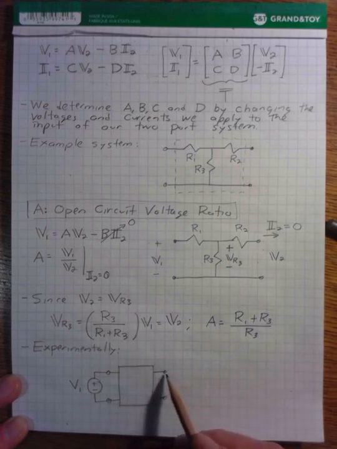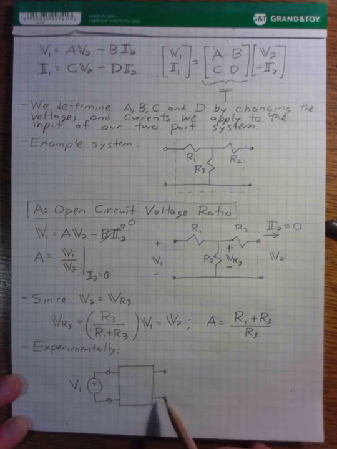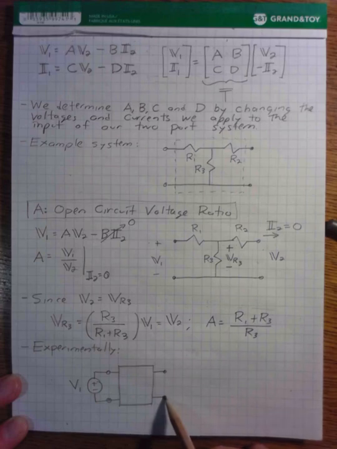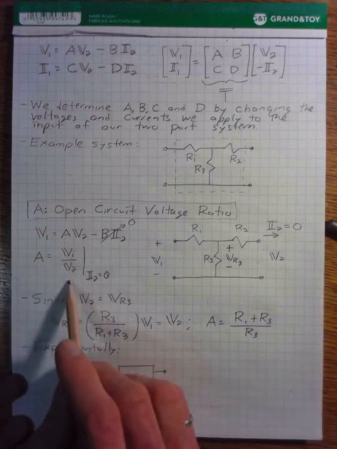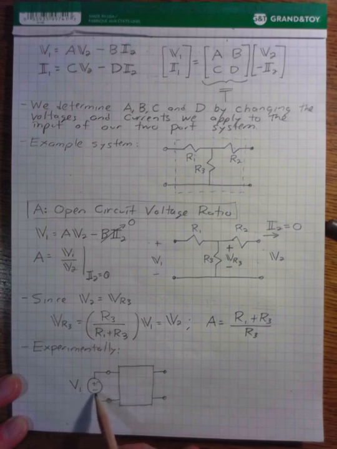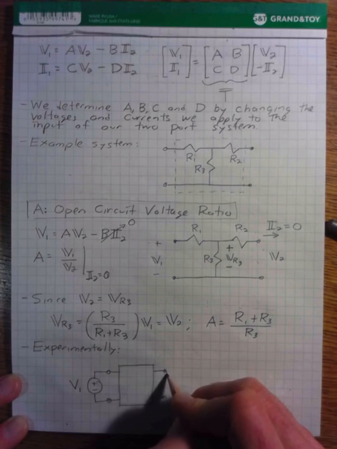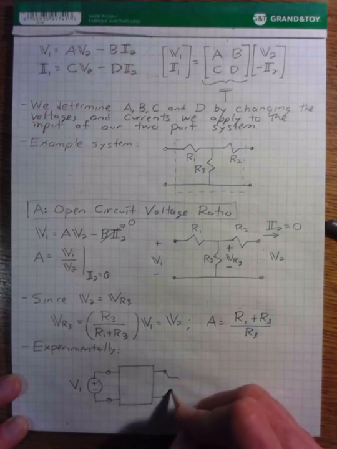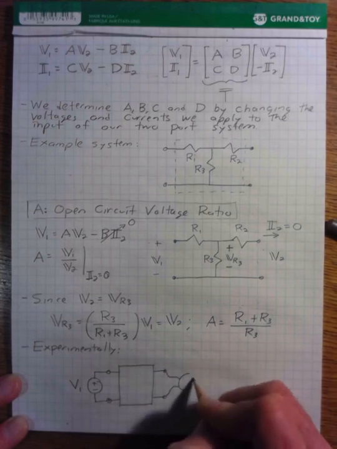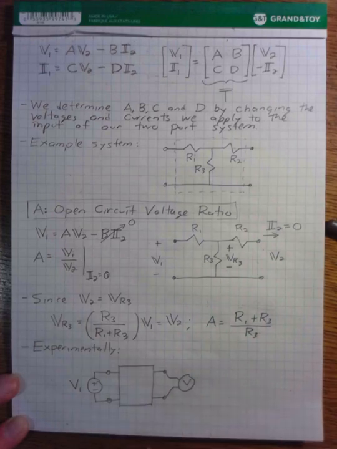And our output port 2 is open circuited, but we need to know this voltage, right? Because A is equal to V1 divided by V2. We know V1 because that's the setting of our voltage source. We can measure V2 by hooking our output port up to a voltmeter.